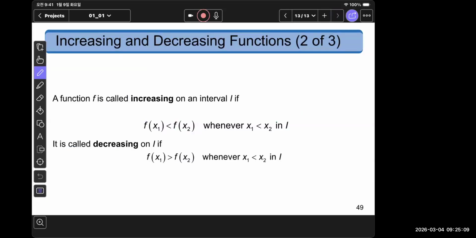And sometimes your function satisfies this property.